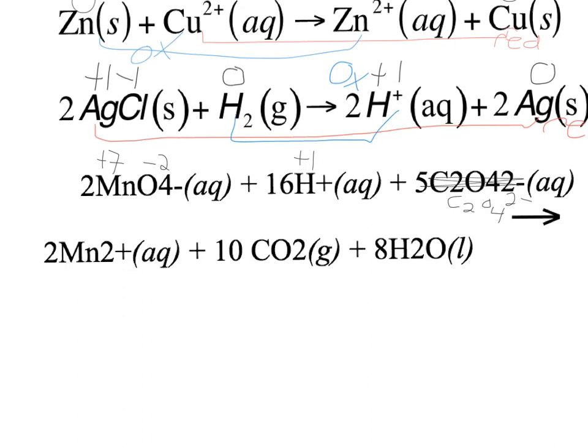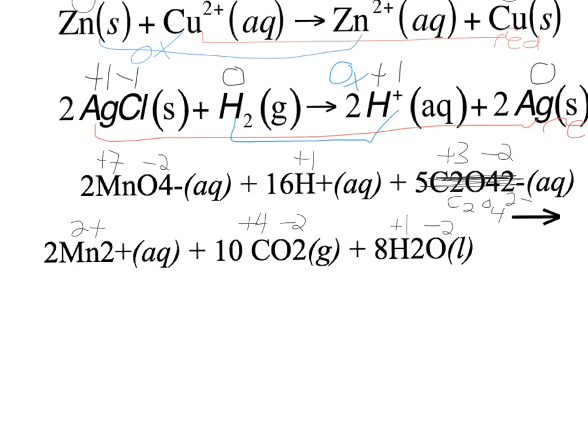Okay, there's 5 of them. My oxygens are each going to be -2. To have a -2 left over, each one of those carbons has to be +3. So my carbon is +3, my oxygen is -2. My manganese is 2+ over here. My CO2, oxygens are -2 each, and there's 2 of them. So my carbon is +4. And then standard water, hydrogen is +1, oxygen is -2.